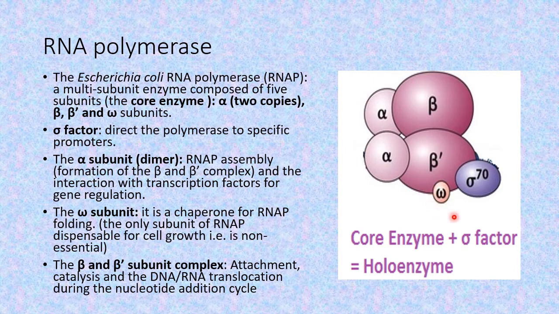This omega is the smallest subunit, and it is non-essential. It is basically a chaperone for RNA polymerase folding, and without it also RNA polymerase can perform its function, that is, it can transcribe RNA on the DNA template.